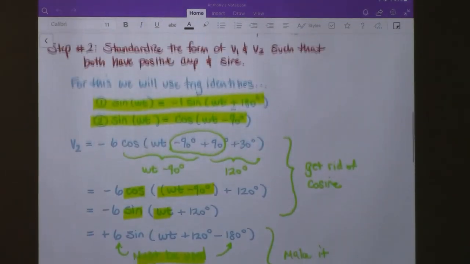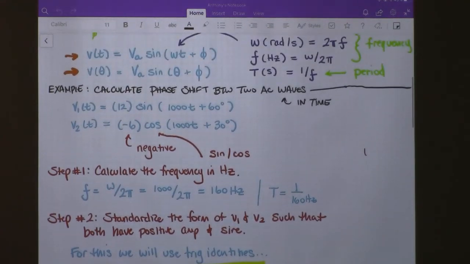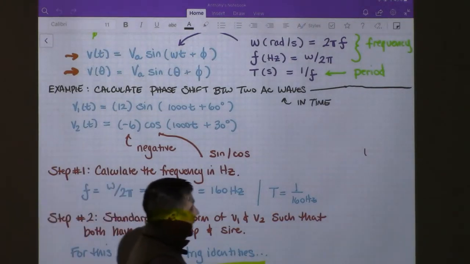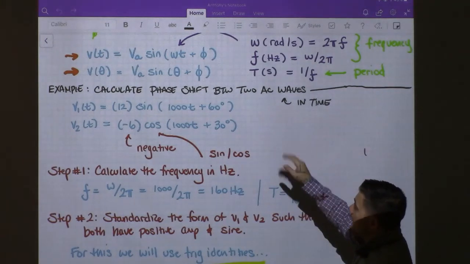I was wrong. All right. So, step 2, might as well just start from the beginning. I think that makes more sense. So rewind. Okay. We're calculating the phase shift between two AC waves. We have this V1, we have this V2.